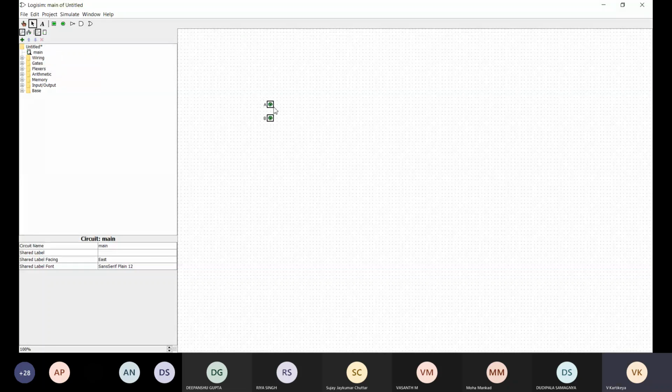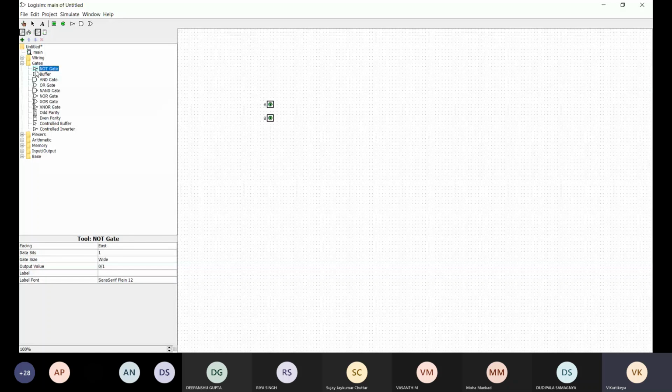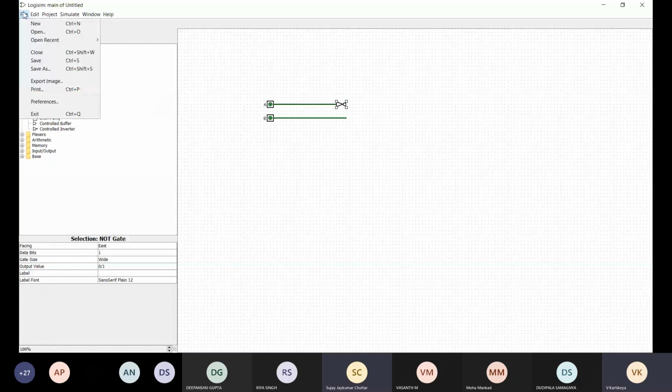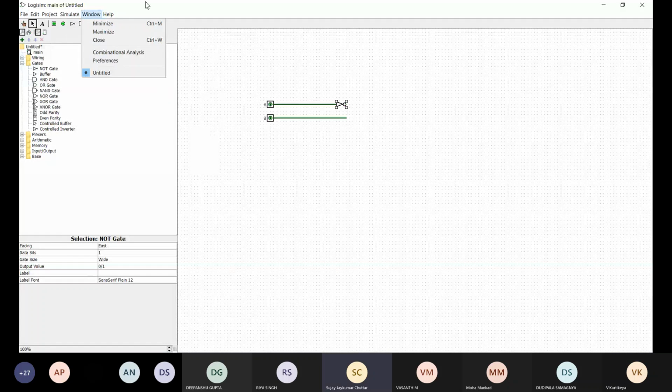So the expression we saw was A dash B plus A B bar. A dash is just A with a NOT gate. That makes it A dash. So we take a NOT gate and we connect a wire to it. You can zoom also in the left down corner, there's a 100%. Cool, thank you.